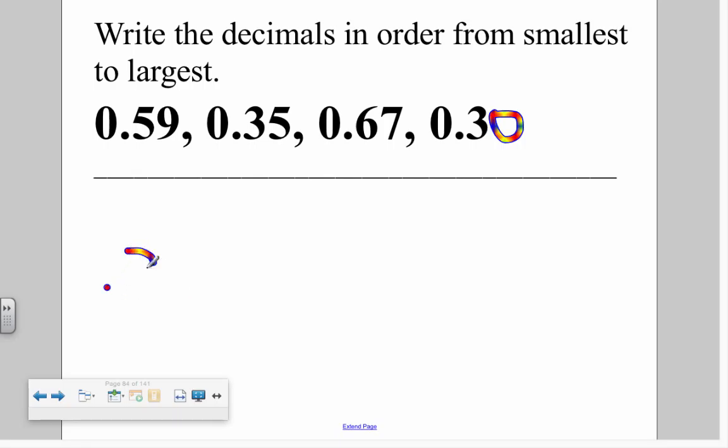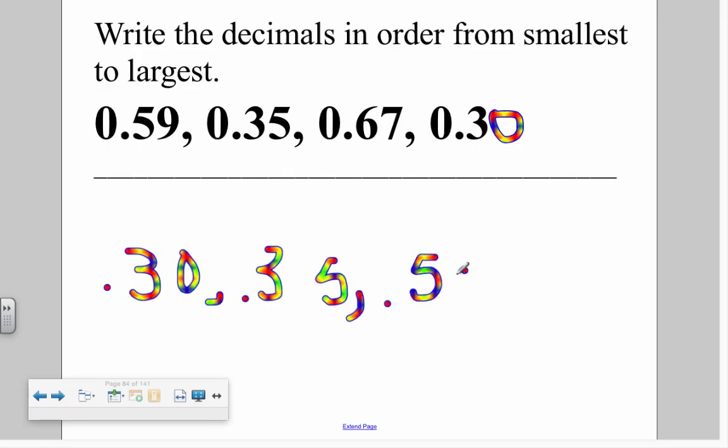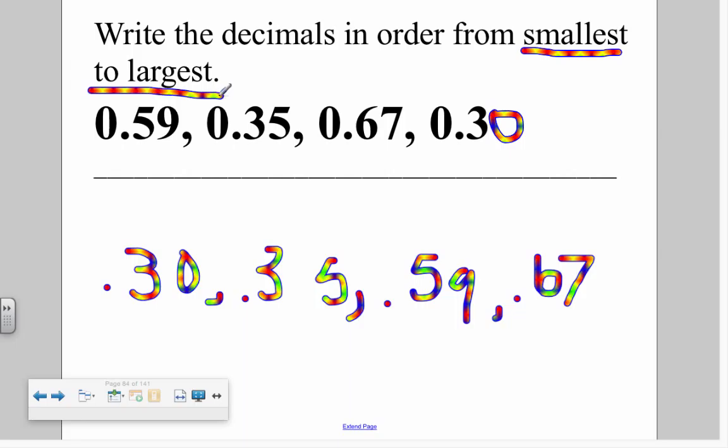So 0.30 is my smallest. 0.35 is my next. 0.59, and my greatest is 0.67. Remember also on the MCAs you need to look at the directions. Some of it might say greatest to least.